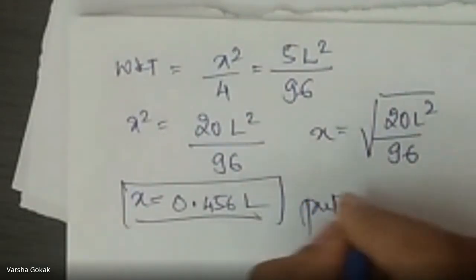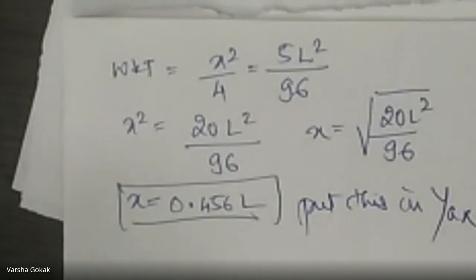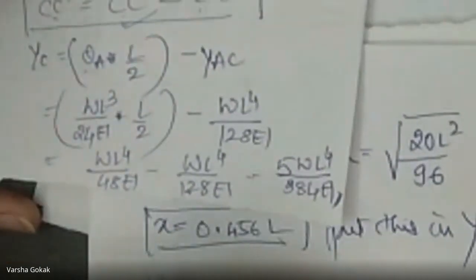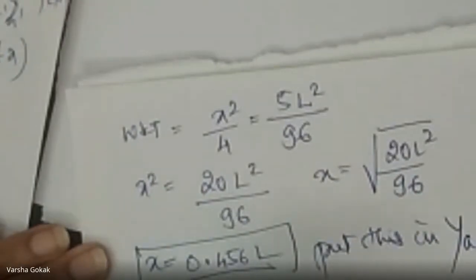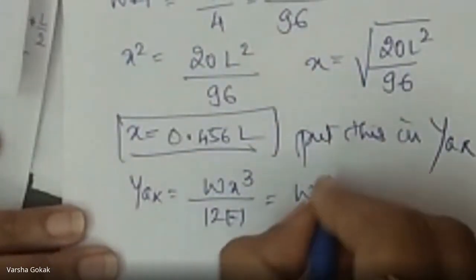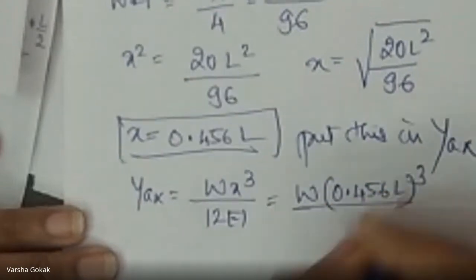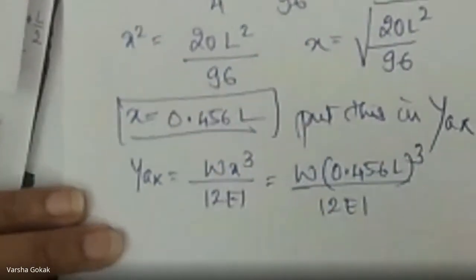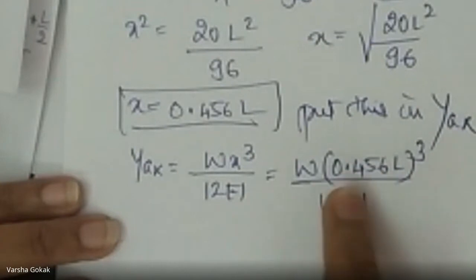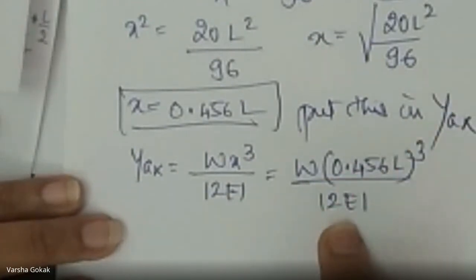Now put this in deflection y(ax). Okay. So what was the equation we got? Y(ax) is equal to wx cube by 12ei is what you had obtained. So substitute wx is 0.456 L cube divided by 12ei. Right? Now this 0.456 cube divided by 12 you can do numerical.